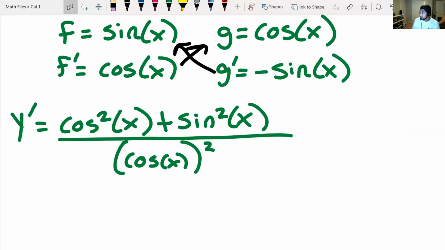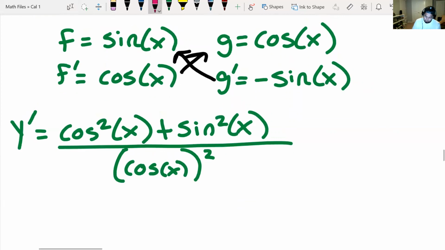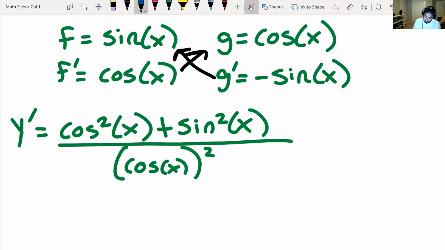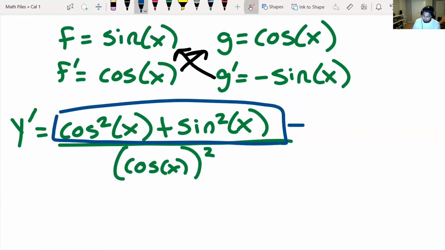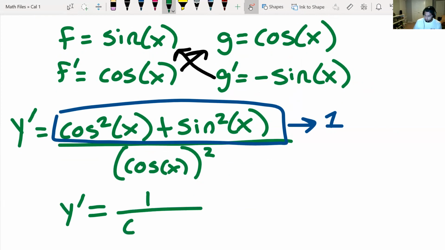Now I know you see it. What is cosine squared plus sine squared? Cosine squared plus sine squared is that magical number of 1. So we end up with y prime equals 1 over cosine squared x.